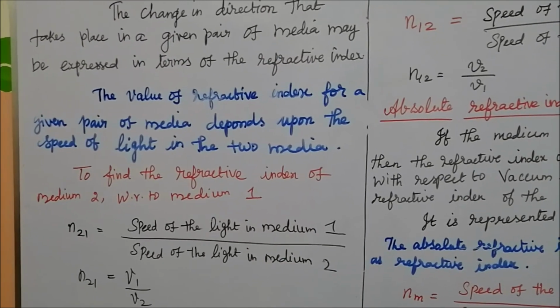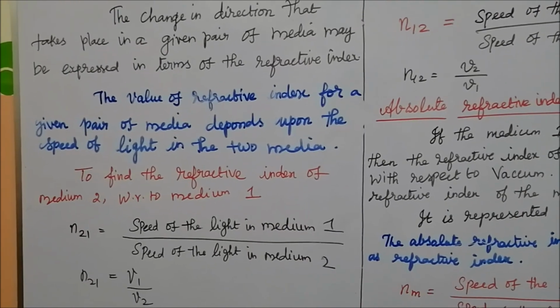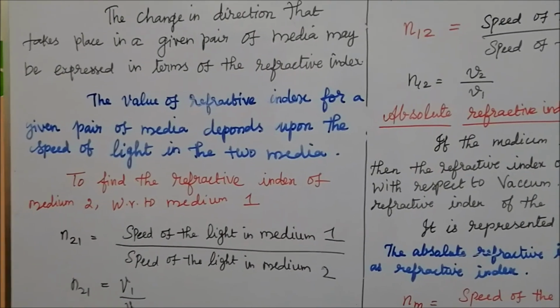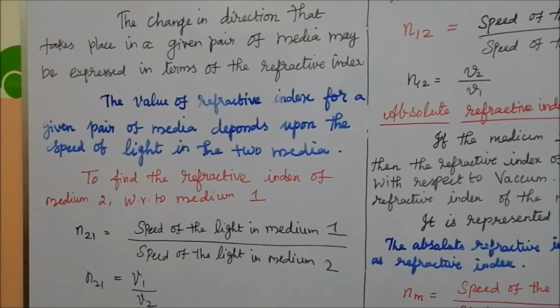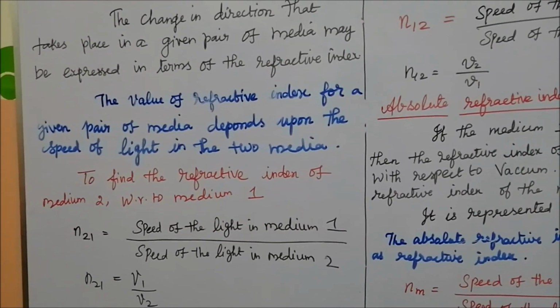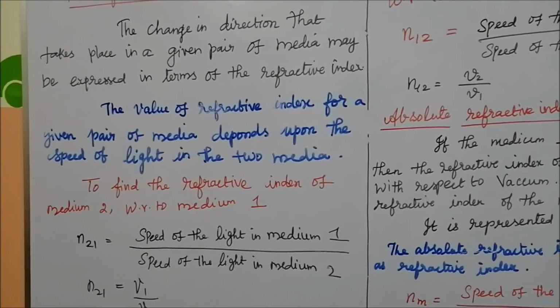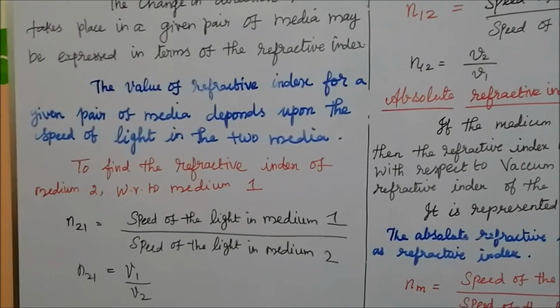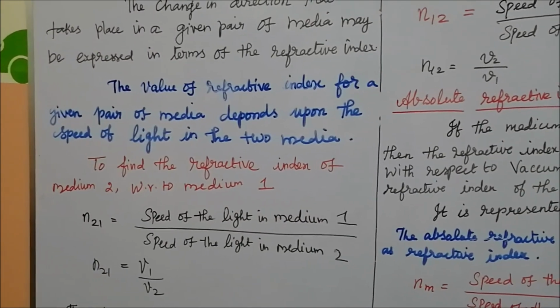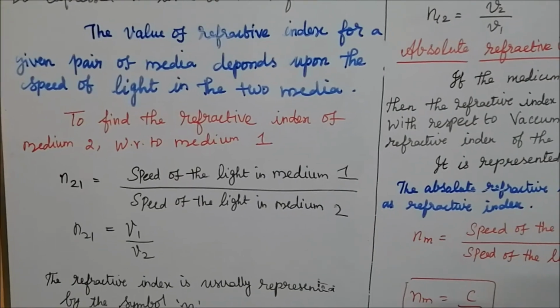We already know that the speed of light is not uniform for all the media. So, if you want to find the refractive index of medium 2 with respect to medium 1, we should represent it as N21. N is the refractive index.